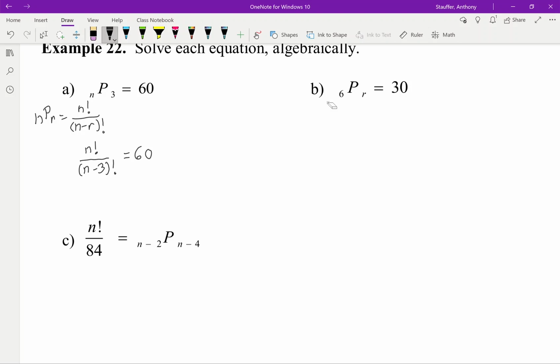Okay, so from here, n factorial, we want to get the cancellation. So it's going to become n, n minus 1, n minus 2, n minus 3 factorial, all over n minus 3 factorial equals 60.